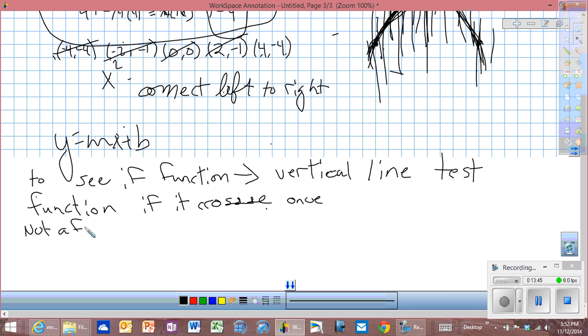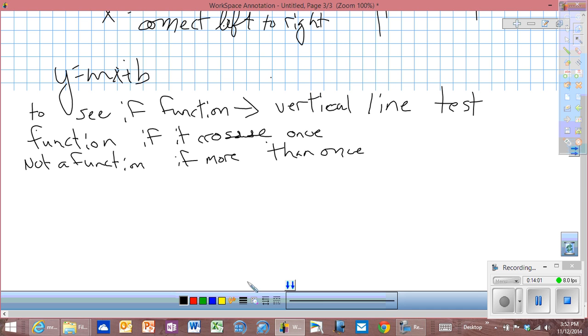Not a function if it crosses more than once. Okay, so what that's going to look like is I'm going to sketch some of the graphs that they have. I'm going to skip to 4, and then we'll go back to number 3.